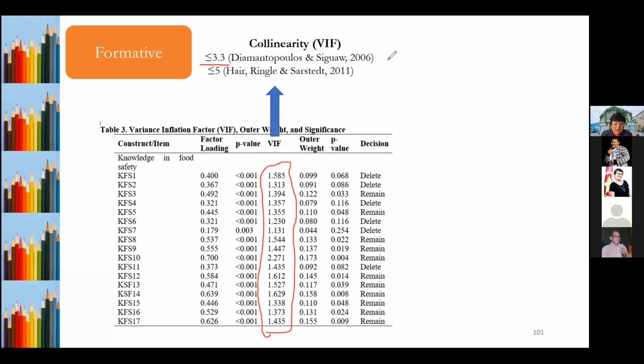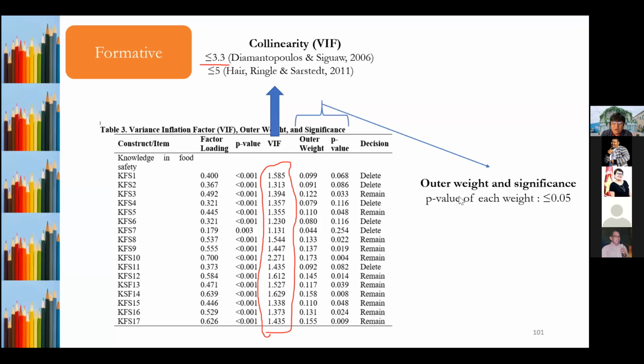And lastly, we look at the outer weights and their corresponding significance, which is the P value. Here, what we do is evaluate their P values and identify which ones meet the requirement, which is below 0.05.